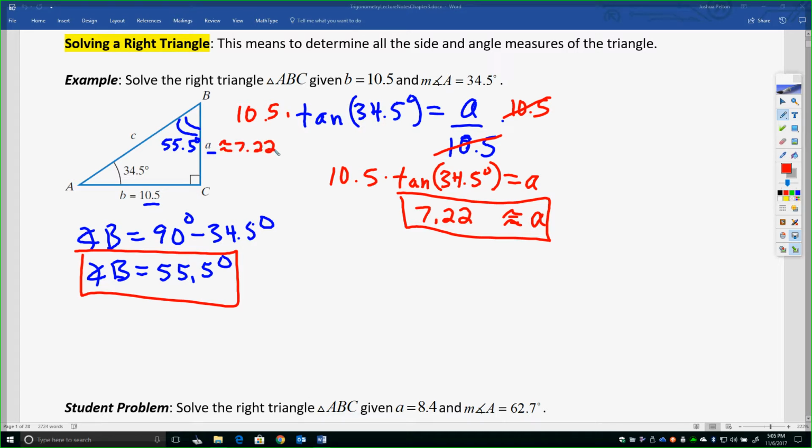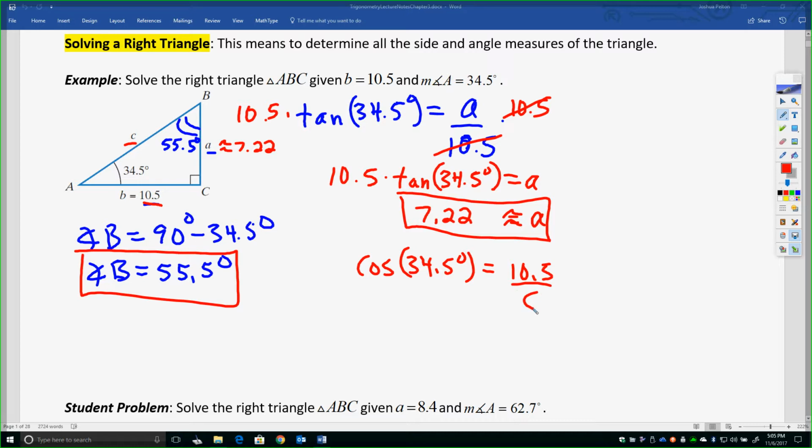Alright, so the last piece is c, and if I use the 34.5 again, that's going to give us the adjacent and the hypotenuse. So it'll be a cosine function. So we have the cosine of 34.5 degrees equals 10.5 over c.